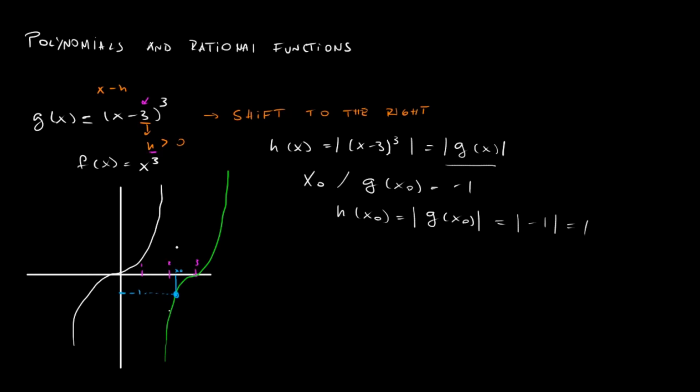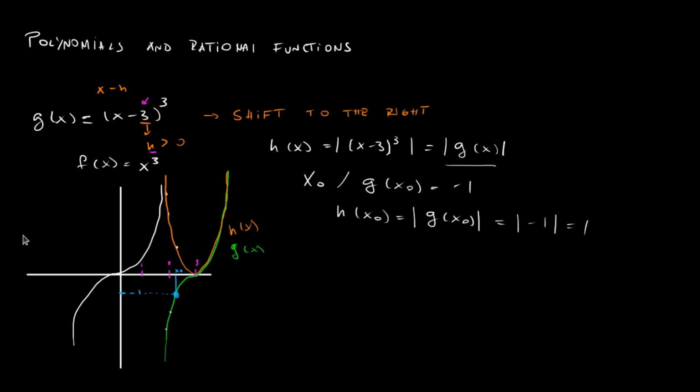And h will do the same with all numbers in the plot of g. So then the plot of h will, for all the negative numbers, be the symmetrical line in the positive axis, and for all the positive numbers, for g, is going to be the exact same function. So the orange line is h of x, and the green line is g of x.